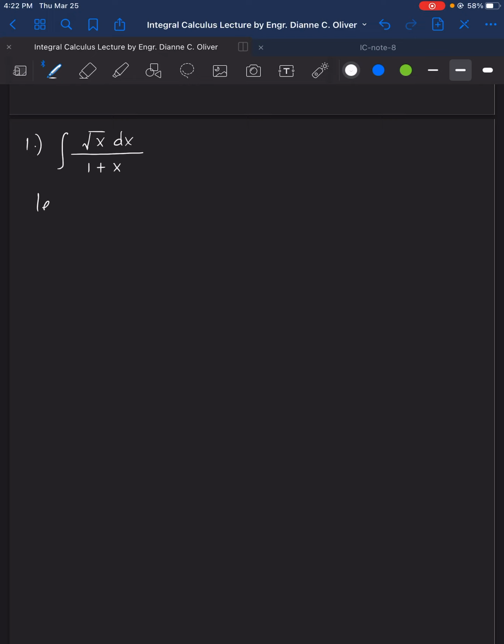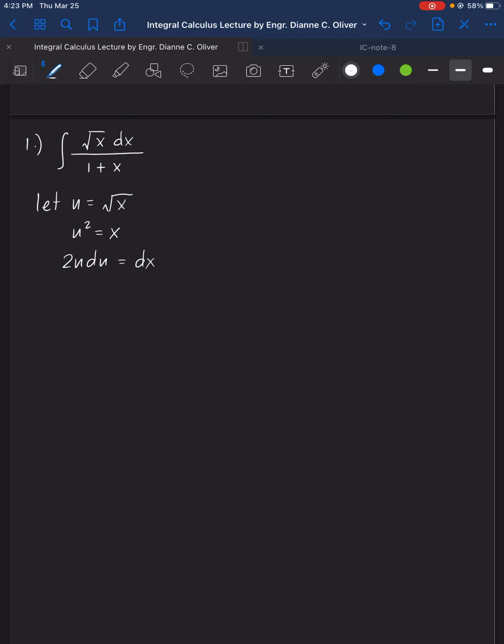So we will let u equal, I will choose the more complicated one to substitute with u. So I will choose square root of x. So this is u squared equals x. And then we have 2u du equals dx.